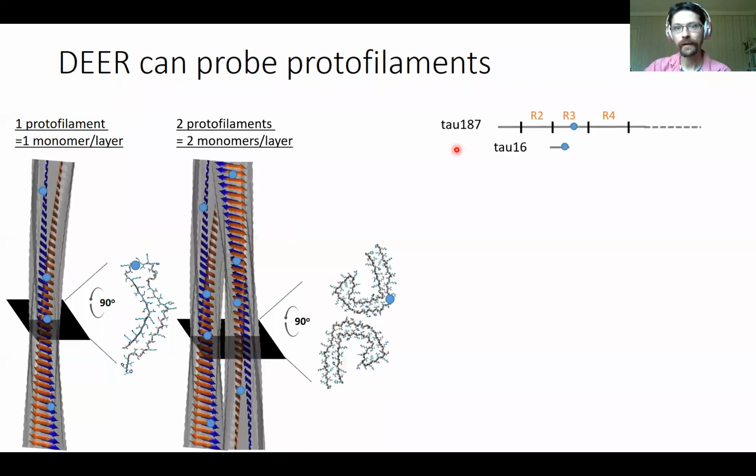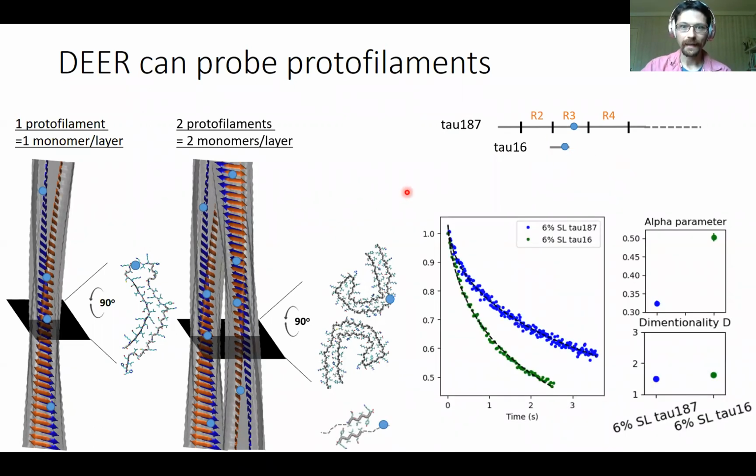So we went ahead and we measured 2 different fibers, one from the Tau 187 I mentioned, and another one from a small peptide, 16 amino acids here. We made fibers with the exact same dilution of labeled to unlabeled protein. So we had 6% of spin labeled protein inside this mixture.